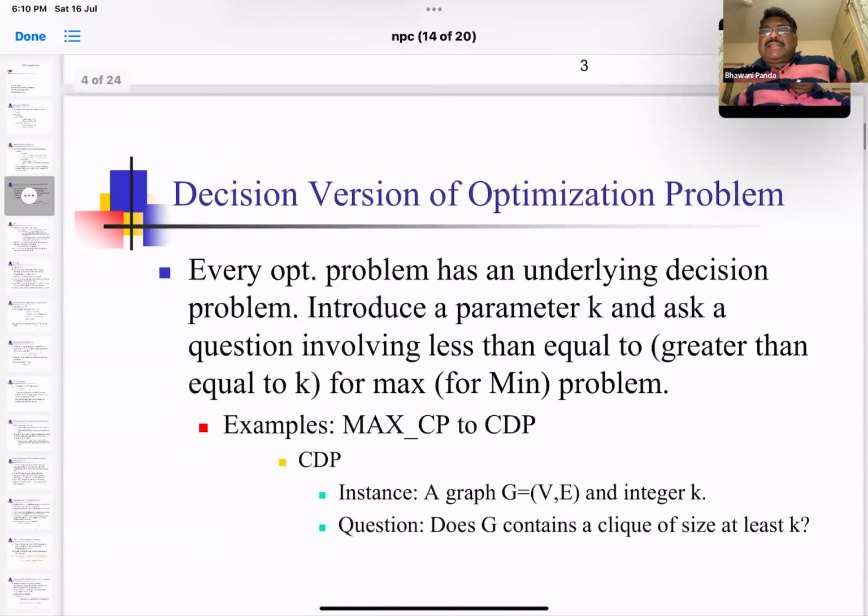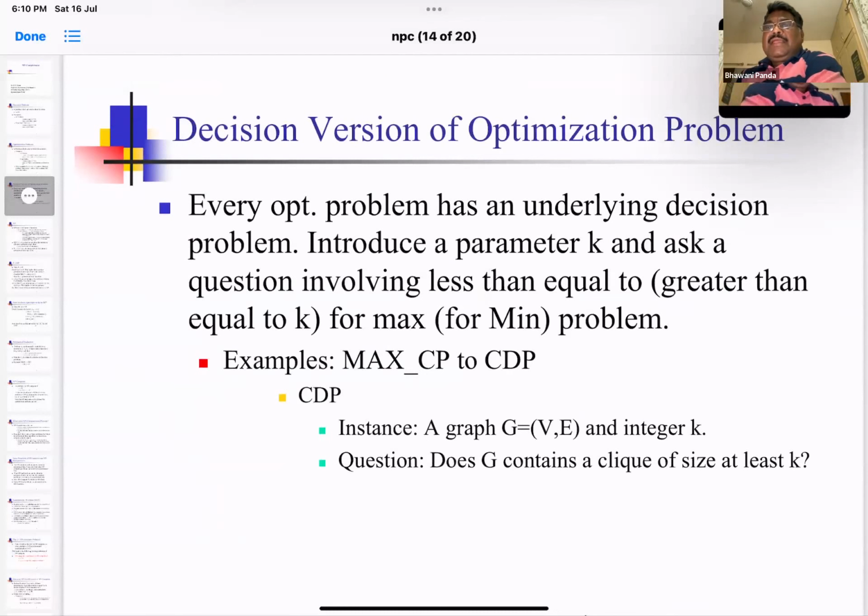So the decision version of an optimization problem: every optimization problem has an underlying decision problem. How do you get the decision problem out of the optimization problem?